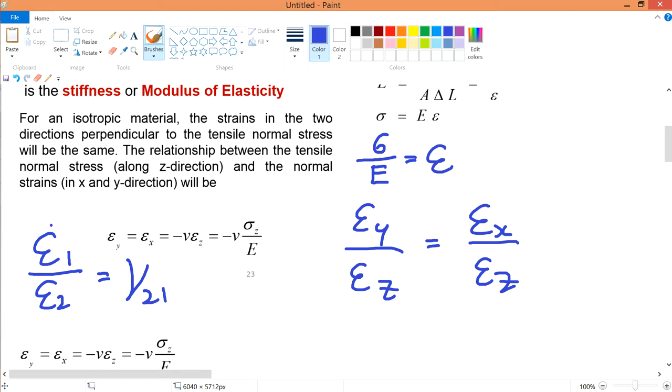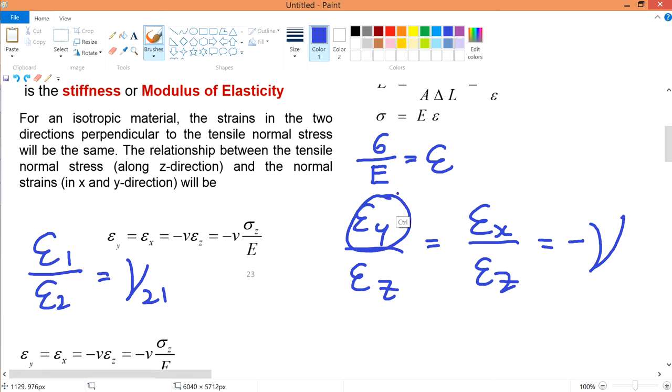So in this case, we can also take the strain in the Y direction divided by the strain in the Z direction as equal to the strain in the X direction divided by the strain in the Z direction, because we assume that the Y and X strains are the same, and setting it equal to minus V, the Poisson ratio.